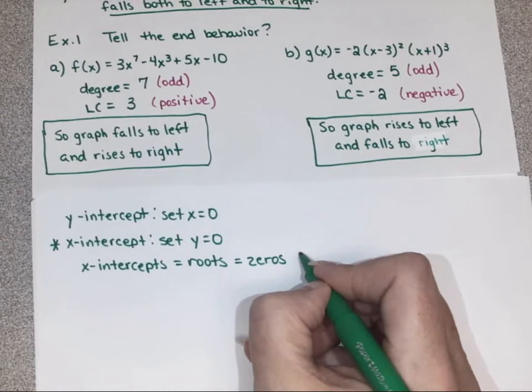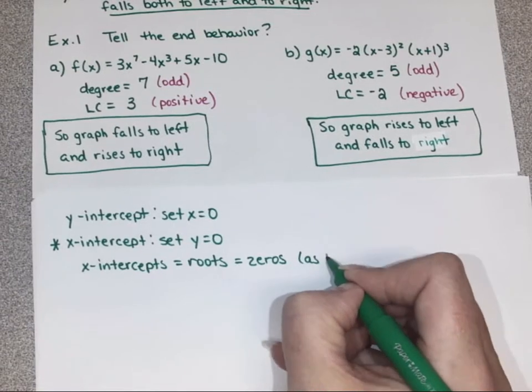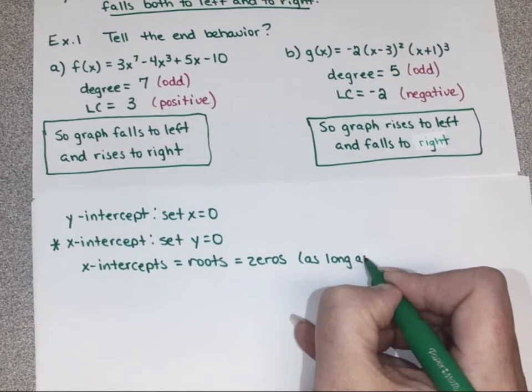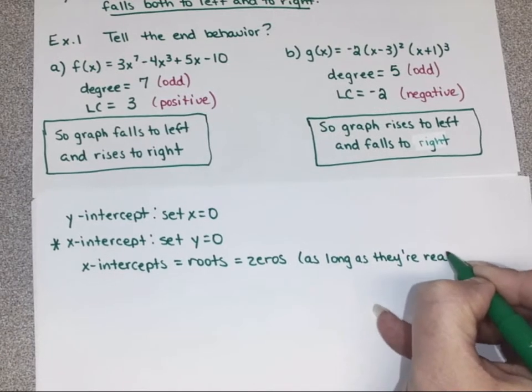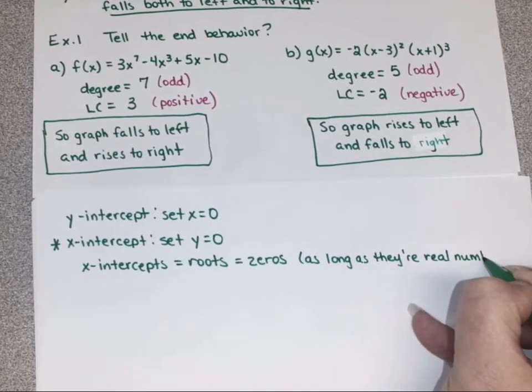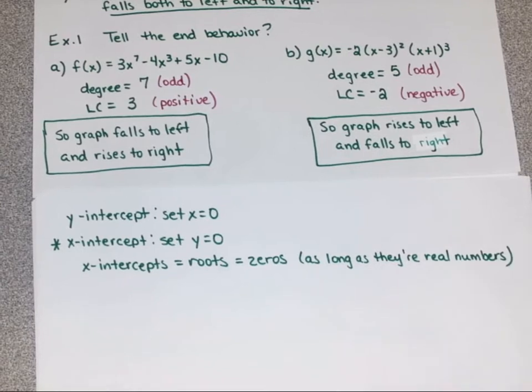But all of these things are the same as each other as long as they're real numbers. In other words, as long as you don't have anything imaginary. Imaginary numbers cannot be graphed, so we're really going to focus on tangible, real numbers for this, which should probably make you happy.